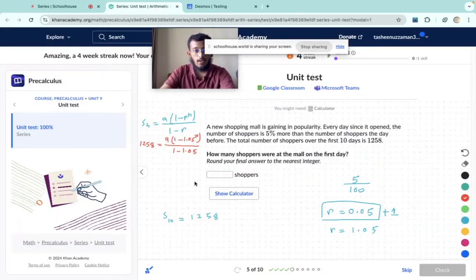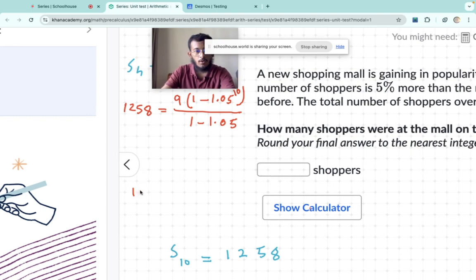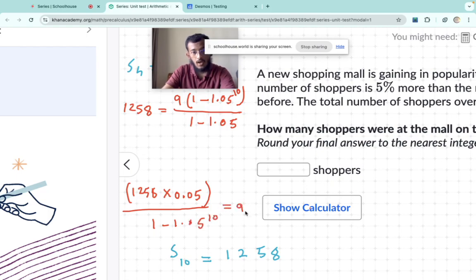We just have to calculate a from here. So a will be 1258 into 1 minus 1.05, which is just 0.05, and this number divided by 1 minus 1.05 to the power 10 will be our a.